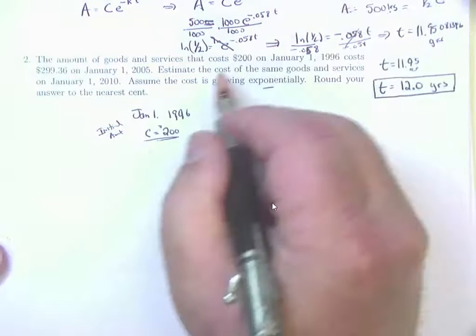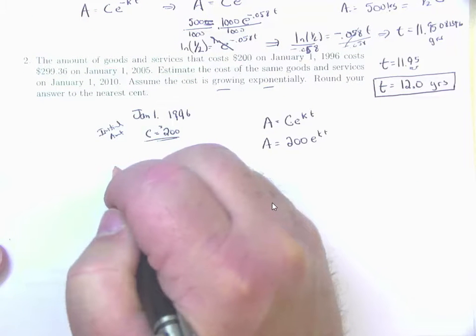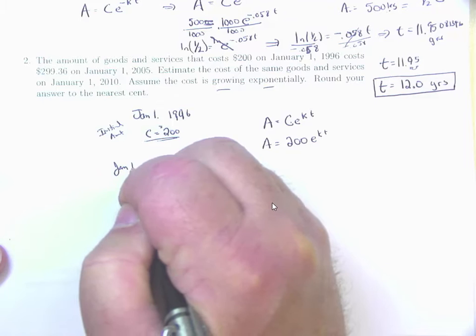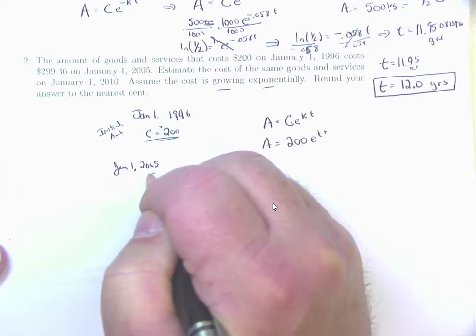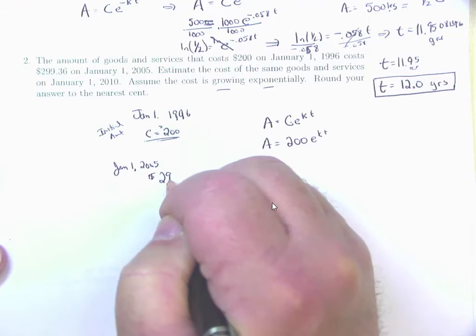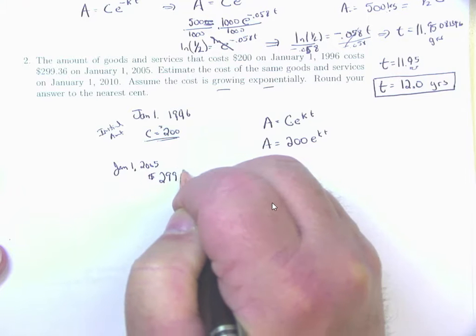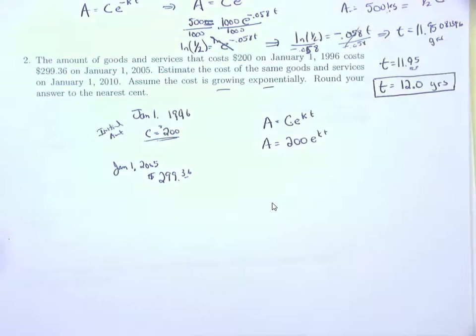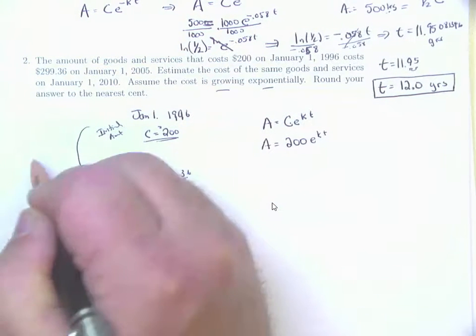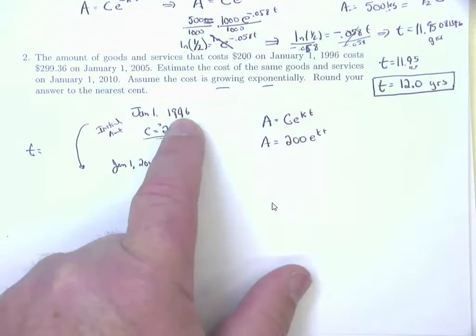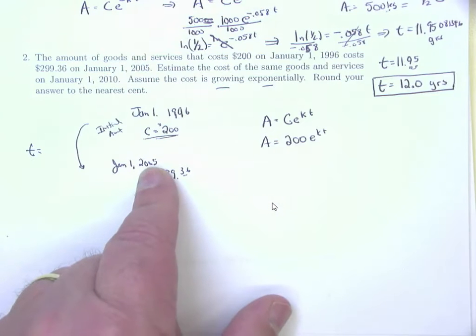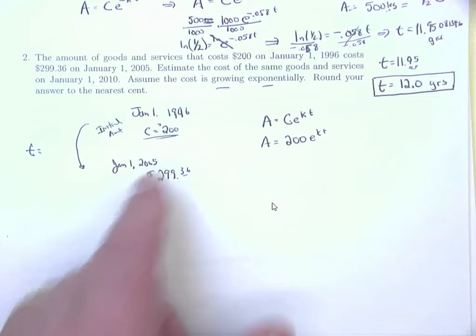But then they tell me more information. On January 1st, 2005, we have a cost of $299.36. How many years is this? Time is measured in years. What is my time? I'm going from January 1st, 1996 to 2005. 9 years.